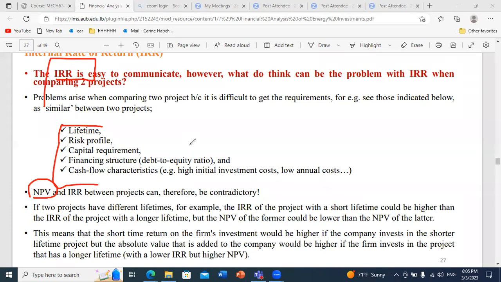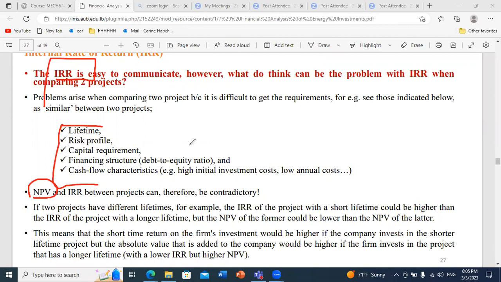But if you have a long time of operation, you might gain more in absolute value because of the time of operation. In general, if you are sure that you will gain, you can select the higher NPV even if you have a lower IRR, because your project will operate for a longer time.